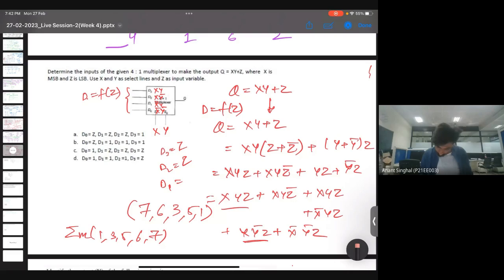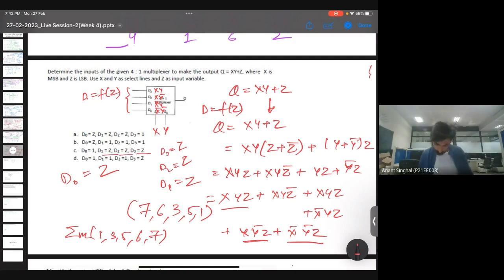So we are having z again. And for d0, we are having x bar y bar, which is again z. So d3 is z, d2 is z, d1 is z.